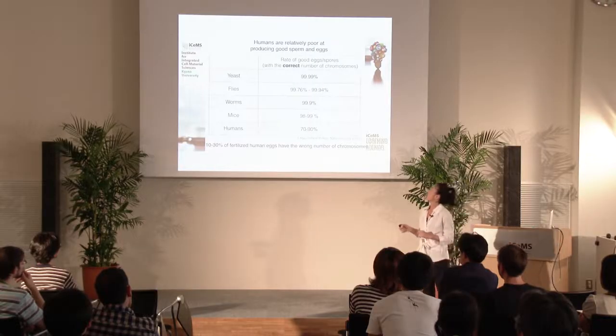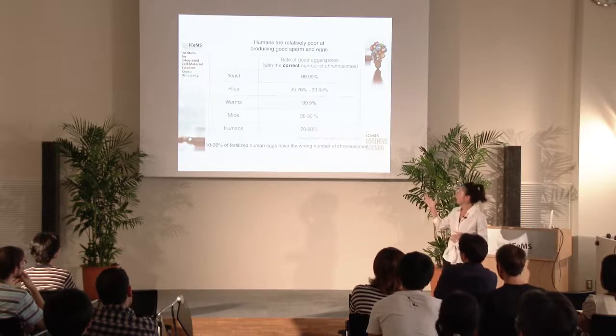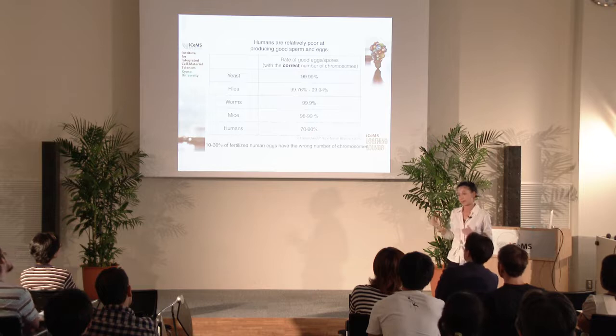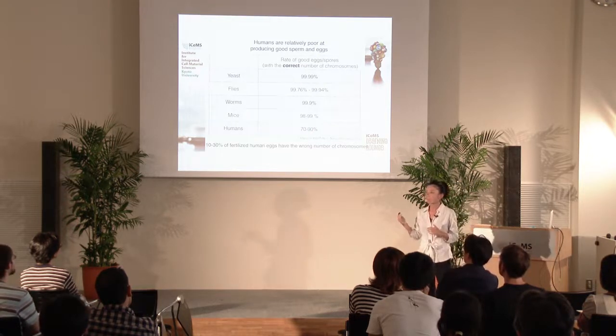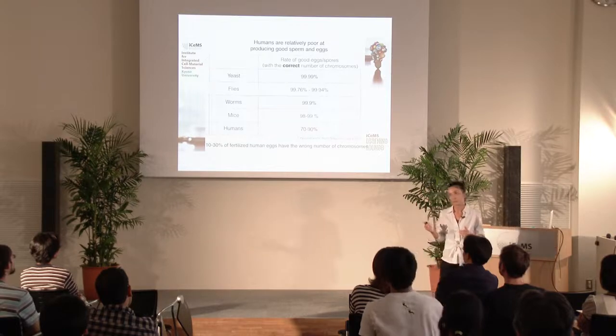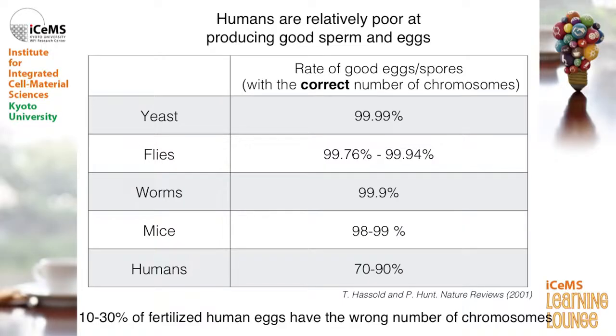Here I'm showing the rate of eggs or sperm or spores that carry the correct number of chromosomes. Compared to other model organisms like yeast, flies, worms or mice, humans have a much higher error rate in meiosis.